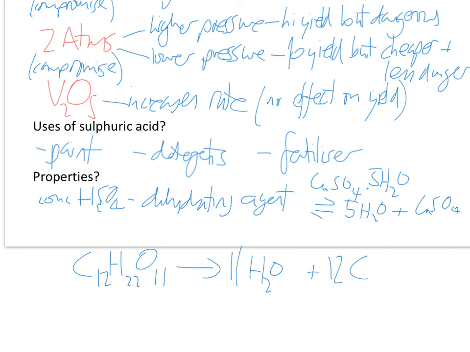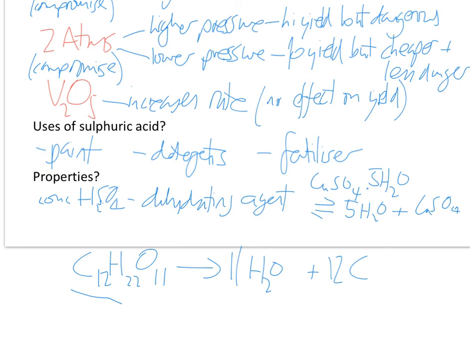You can find videos of this on YouTube. Type in sugar and concentrated sulfuric acid and you see the white sugar rapidly forms the black carbon powder, and you can almost see this black carbon monster rising up from a beaker of sugar, which is spectacular.